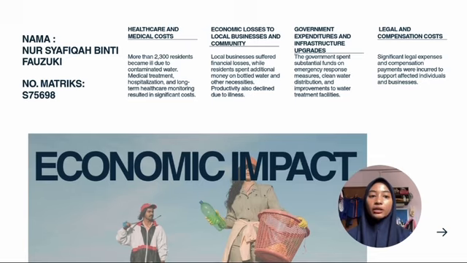Productivity also declined due to illness. Third, government expenditure and infrastructure upgrade. The government spent substantial funds on emergency response measures, clean water distribution and improvement to water treatment facilities. Last but not least, legal and compensation costs. Significant legal expenses and compensation payments were incurred to support affected individuals and businesses.